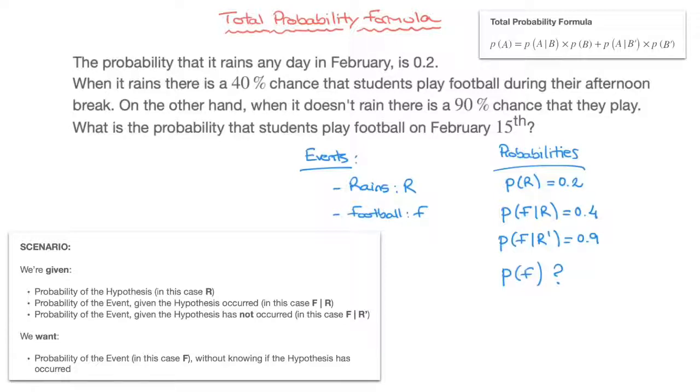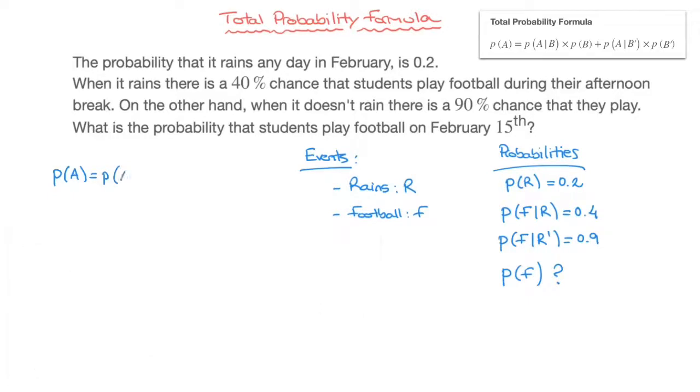Remember, the total probability formula for an event A stated that the probability of event A occurring equals the probability of event A and B occurring plus the probability of event A and not B occurring.